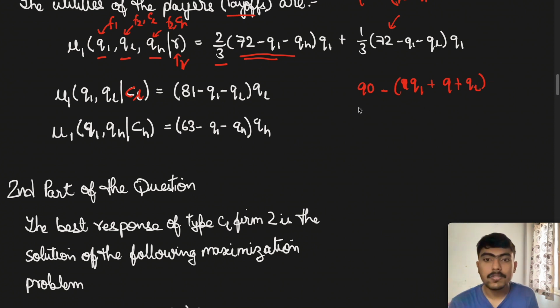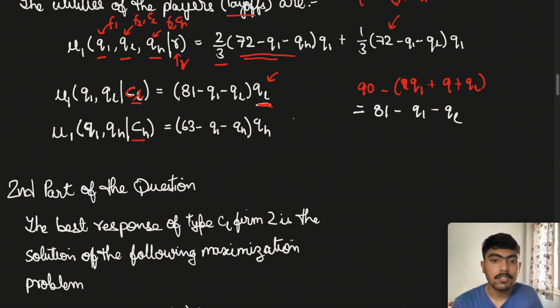Okay, so this will be the case, and then it will be 81 minus Q1 minus QL, and here we will multiply with QL because we are using CL in this case, right? The type of player 2 is CL, so we will multiply QL.